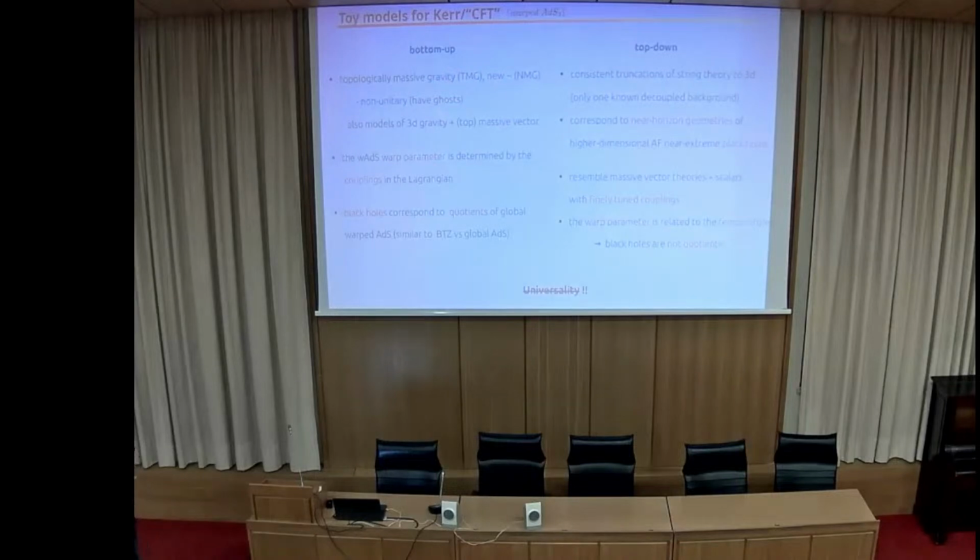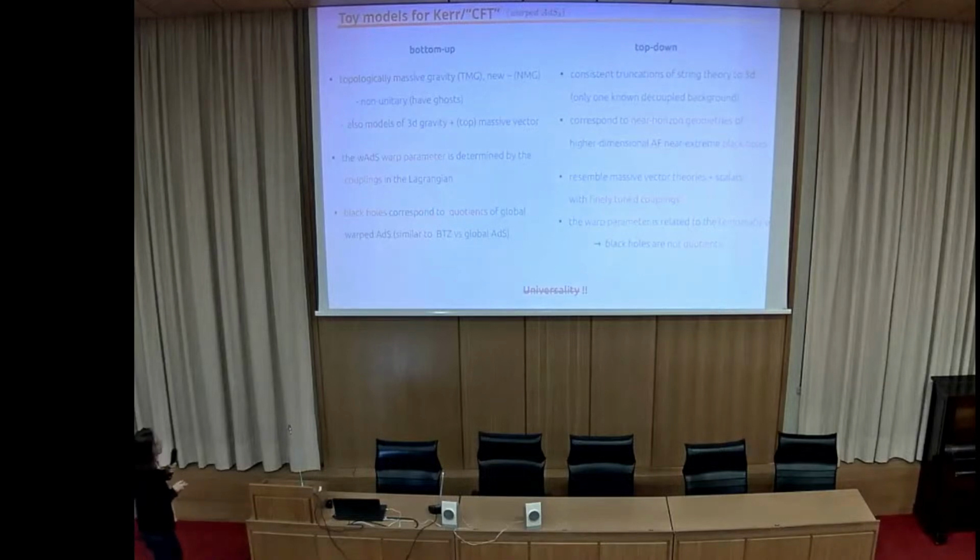They're non-unitary, so they have ghosts, so they're not exactly consistent theories. Also, you can have 3D gravity coupled to massive vectors. All these theories have warped AdS solutions, and the warp parameter is determined by the couplings in the Lagrangian. Black hole solutions correspond to quotients of global warped AdS.